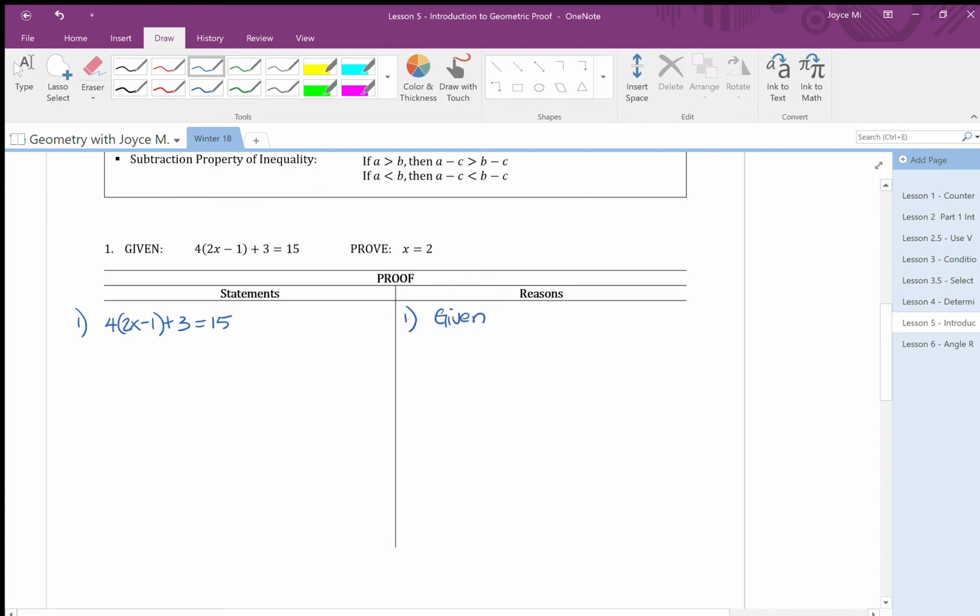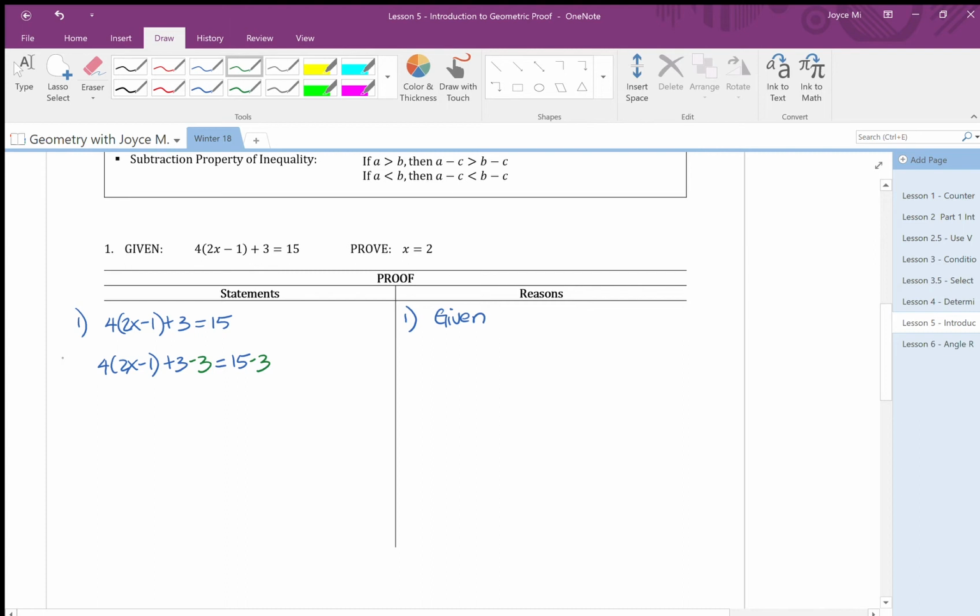Number 1 is given to me. Now like before, the next thing I could do is subtract 3 from both sides. So I write step 2 as 4 times 2x minus 1, plus 3, and I subtract 3. On the right-hand side, I subtract 3, so I have 15 minus 3.